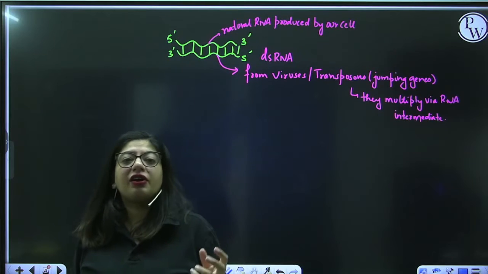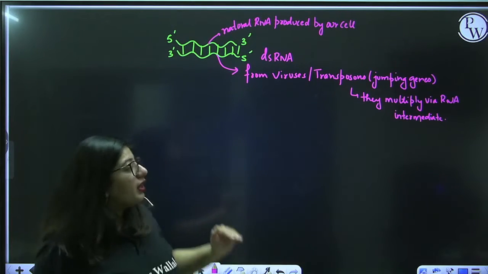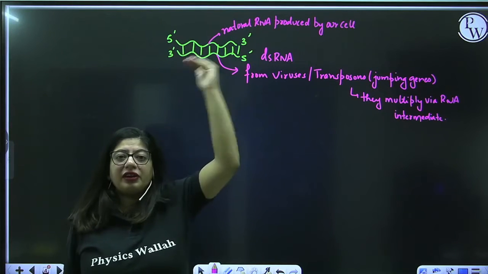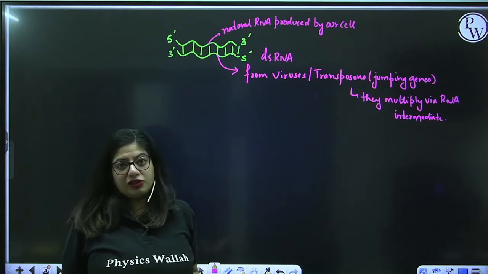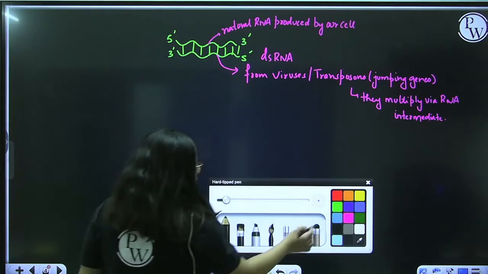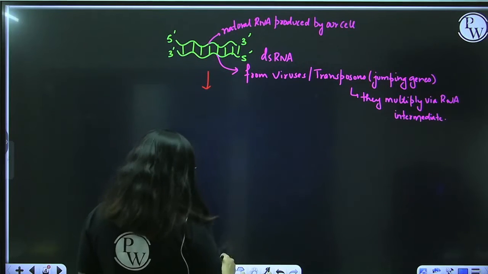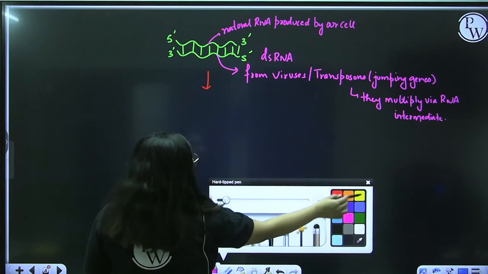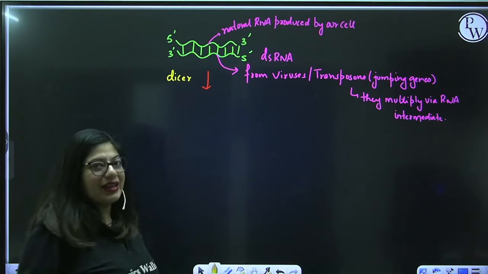This is a bad thing for you that should not be produced, because it is blocking your natural RNA that needs to produce certain protein or do certain function. So at this time a machinery gets started in our body, and under this machinery an enzyme is activated known as dicer.